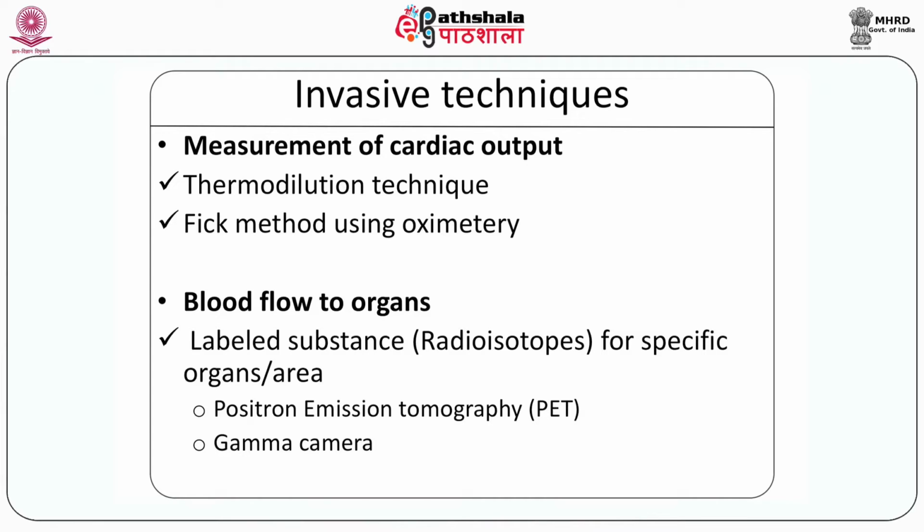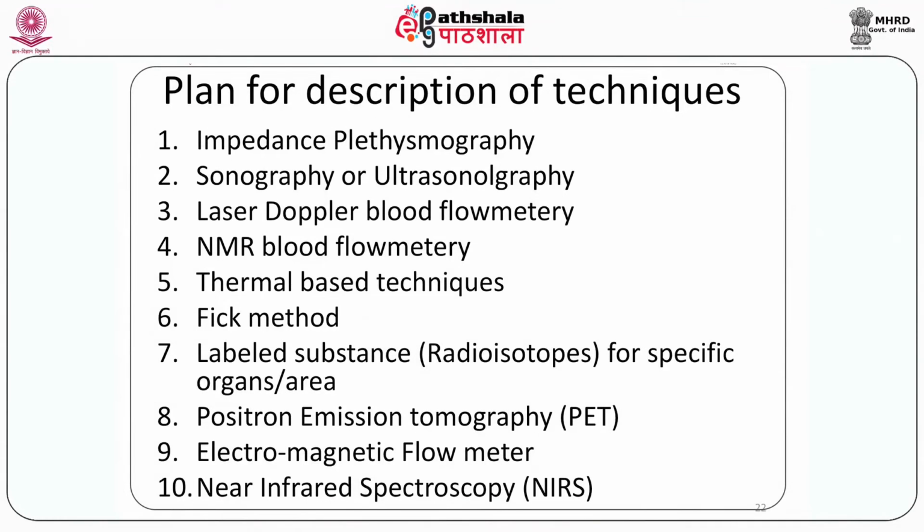The invasive techniques used to measure blood flow to individual organs include injection of labeled substances or radioisotopes, and the organ is imaged by using PET or MRI or a gamma camera. There are specific substances used for specific organs. This is the list of techniques which will be described in detail soon.